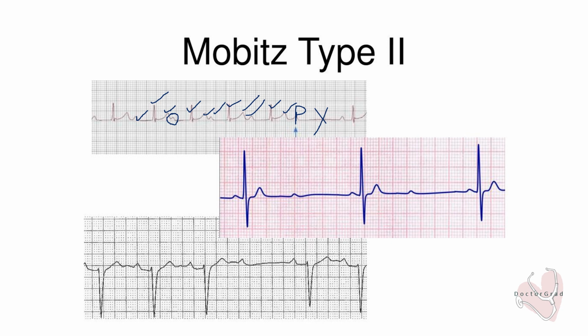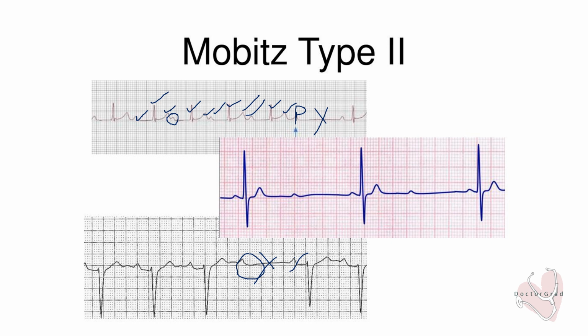Here all the P waves correspond to a QRS. Suddenly there is one P, but there is no QRS. We have a P again that has been conducted. This P has been conducted, but this P has not been conducted. Here again, we have a P, but we don't have a QRS.